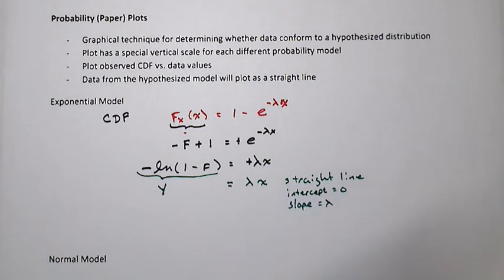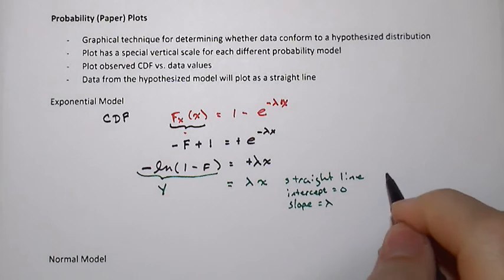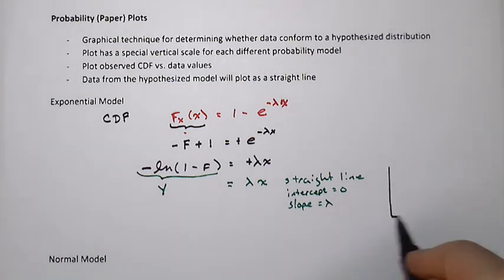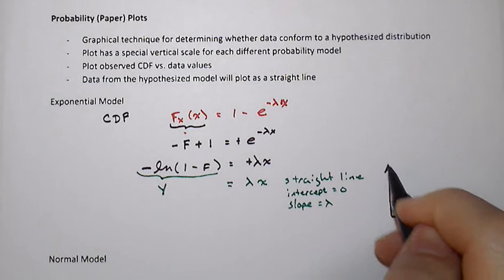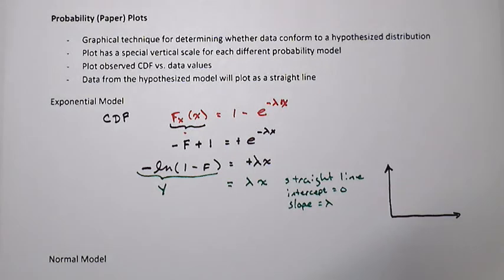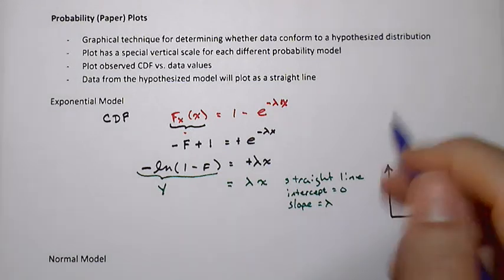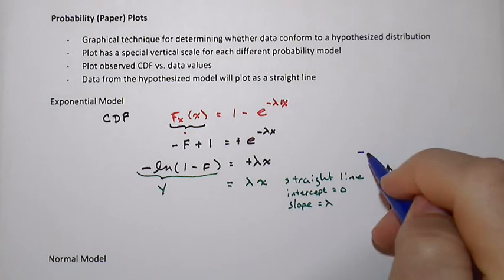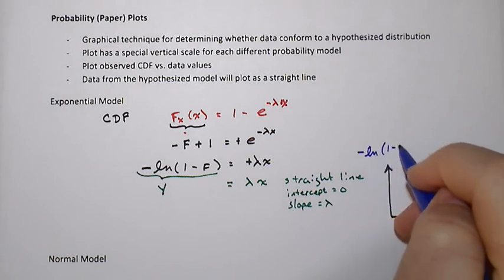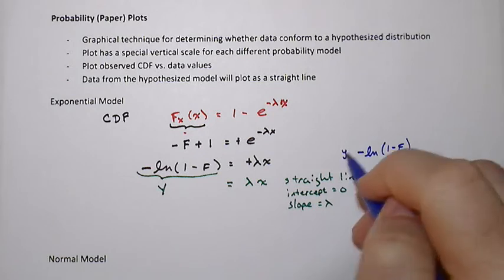And so now we have a kind of interesting thing that has just been developed for us, and that is if we were to plot our data on a special arithmetic scale. So there's our x values, and we're going to plot then minus the natural log of 1 minus F. That's our y.